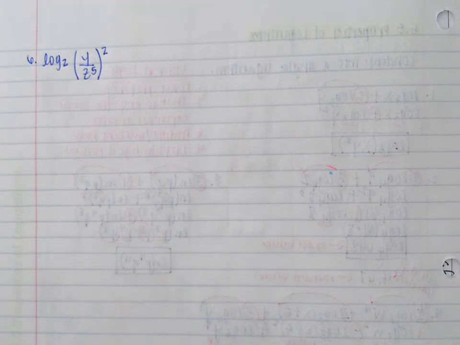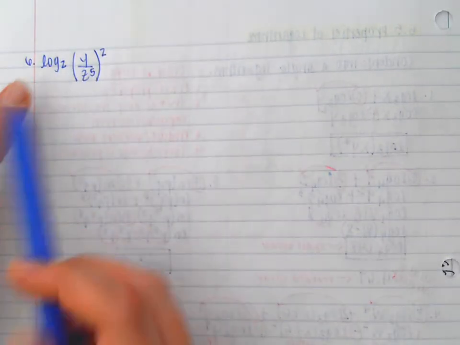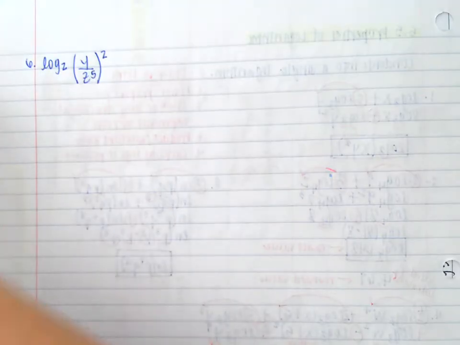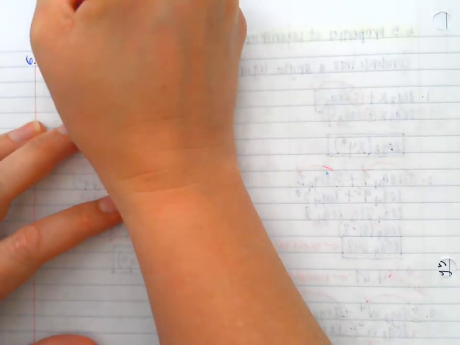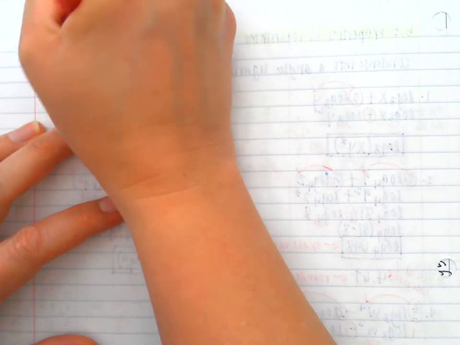You can bring this 2 out to the front, but then when you separate it, you'd have to have it be a part of every single one. What I actually like to do is distribute this 2 from the beginning, into my argument, to the top and to the bottom, and then expand after that.